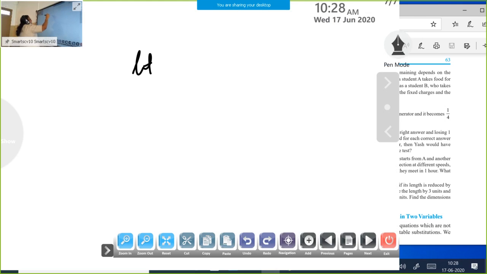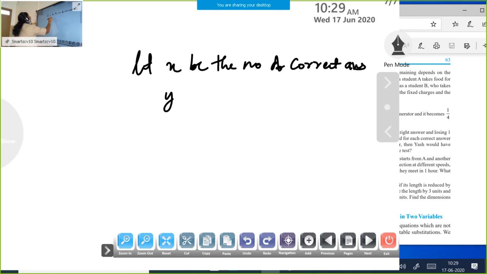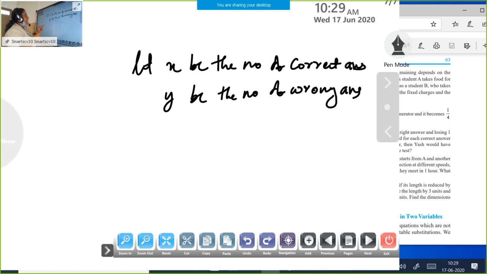Let x be the number of correct answers and y be the number of wrong answers. Then the total number of questions is x plus y.